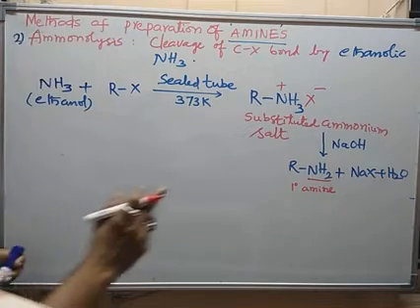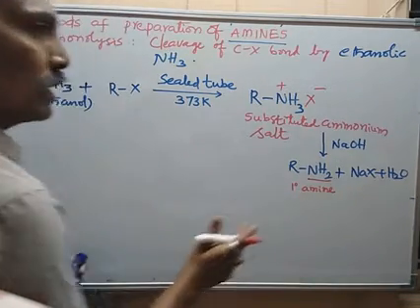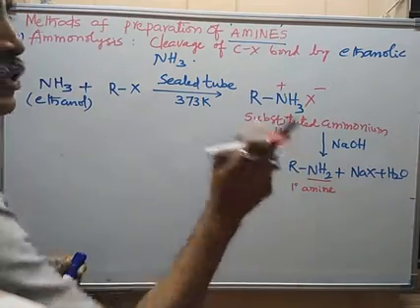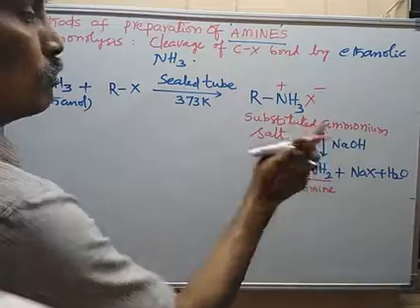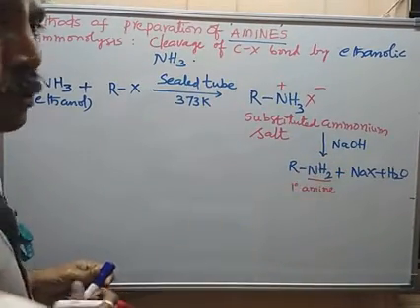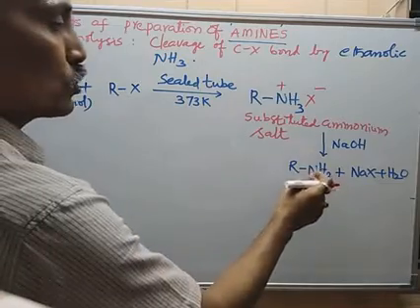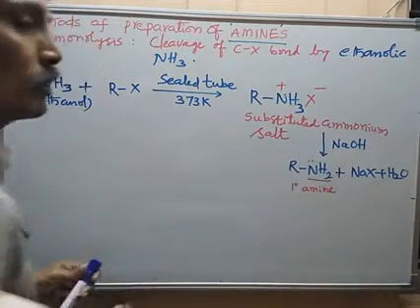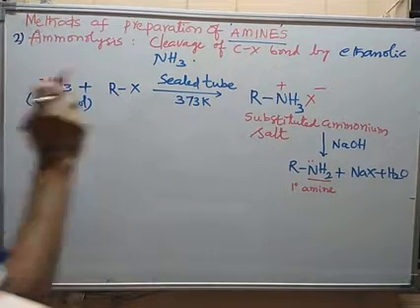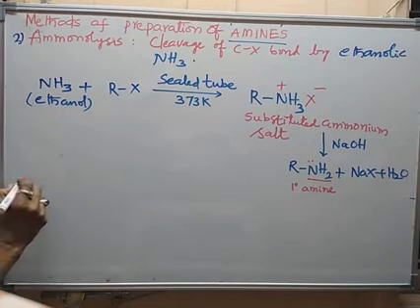Then the regenerated primary amine acts as a nucleophile. What is a nucleophile? Electron rich compounds are nucleophiles and they attack electron deficient centers. The NH2 nitrogen has a lone pair of electrons, it is electron rich, it acts as a nucleophile, and it reacts further with alkyl halides.